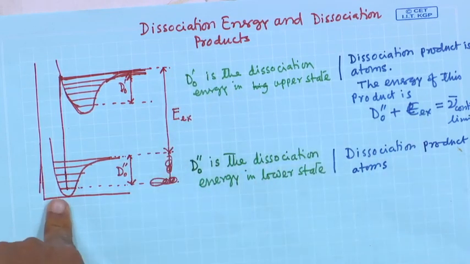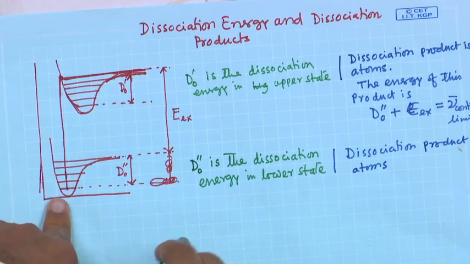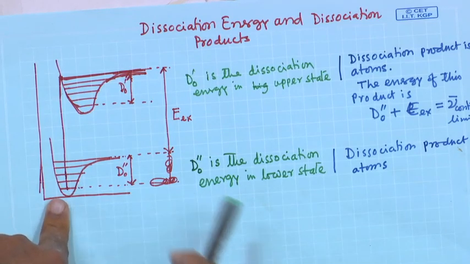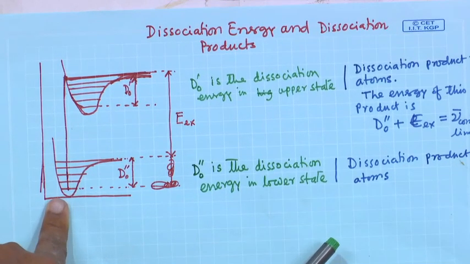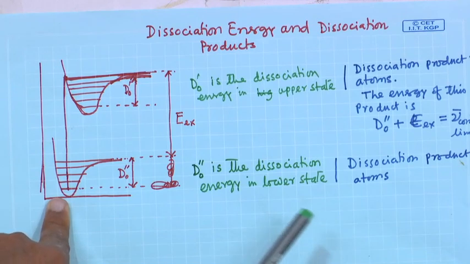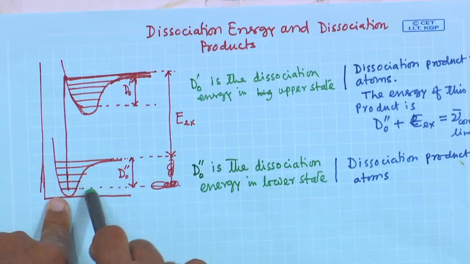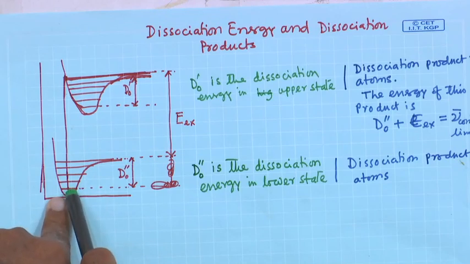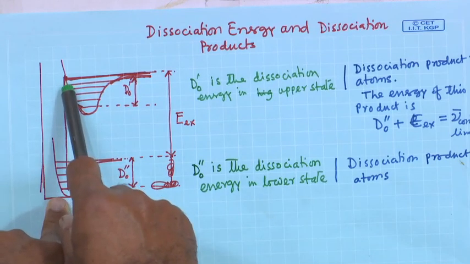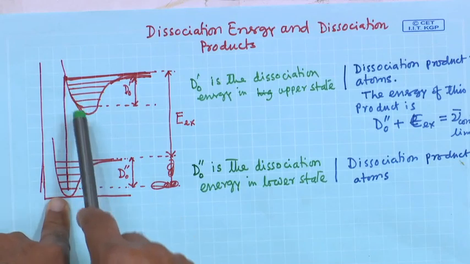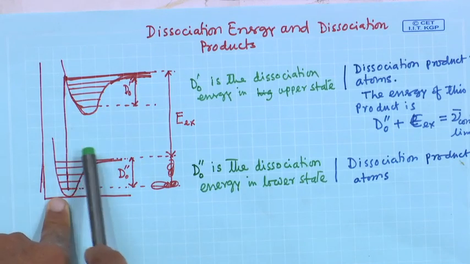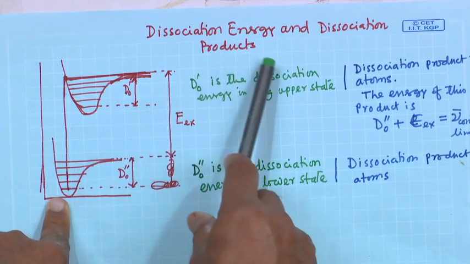So, from the spectroscopy measurement one can measure the wave number of the spectral lines and determine the dissociation energy.